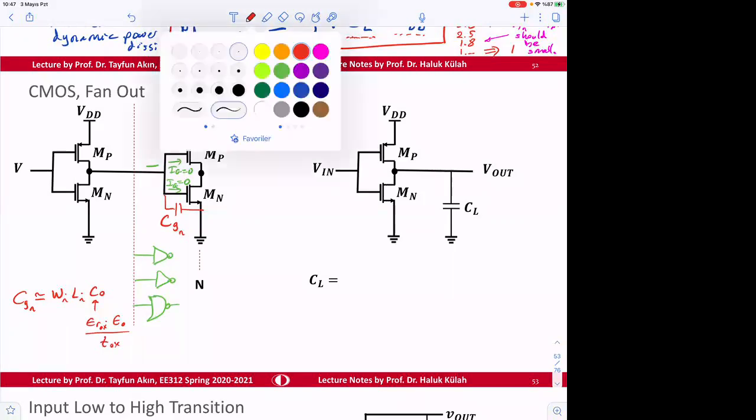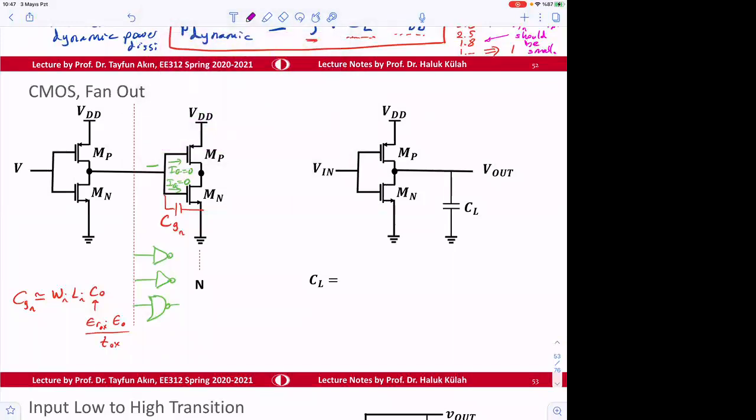And interestingly here, we have the P transistor. So there's going to be also this capacitance, C gate of P. And C gate of P is going to be roughly equal to WP times LP times, again, C oxide. But we have two of these capacitances. What is CL?